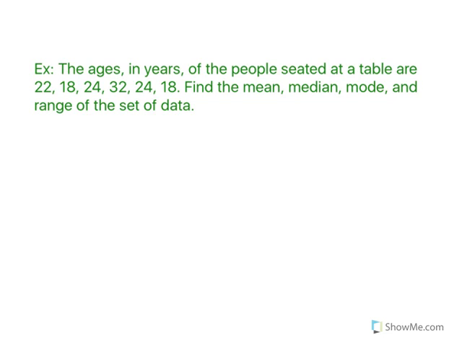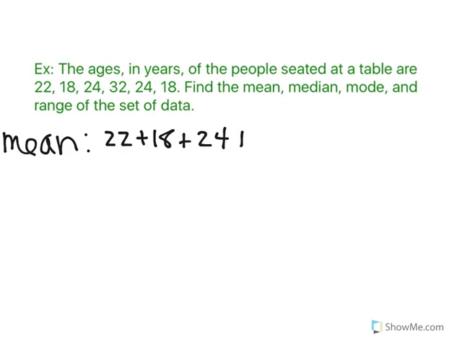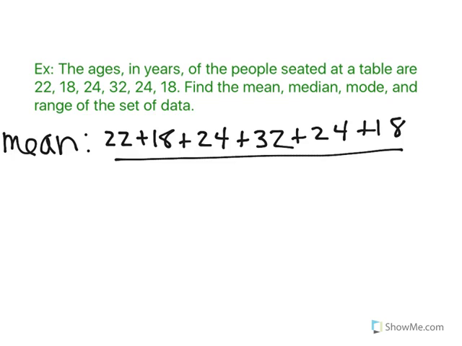Let's first talk about mean. Again, mean is that meanest procedure. What we have to do is add 22 plus 18 plus 24 plus 32 plus 24 plus 18, and divide by the number of people there are: 1, 2, 3, 4, 5, 6 people.